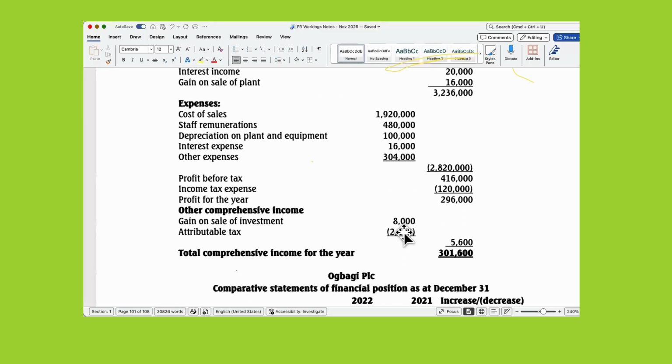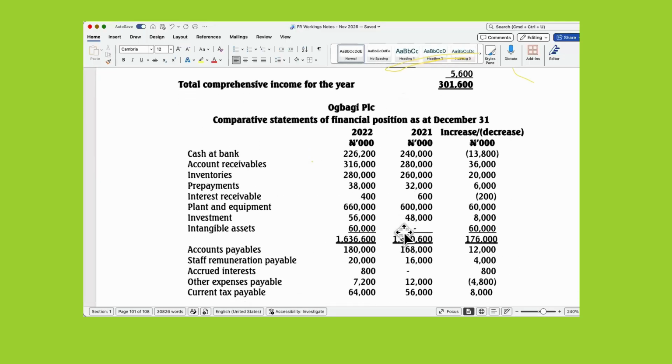For you to get the one you have not received, I will go to my assets. Do I have any interest receivable? Please help me check. Yes, we have, and it's 200. So this 200, are we adding it or are we deducting it? You're adding it. Why are we adding it?